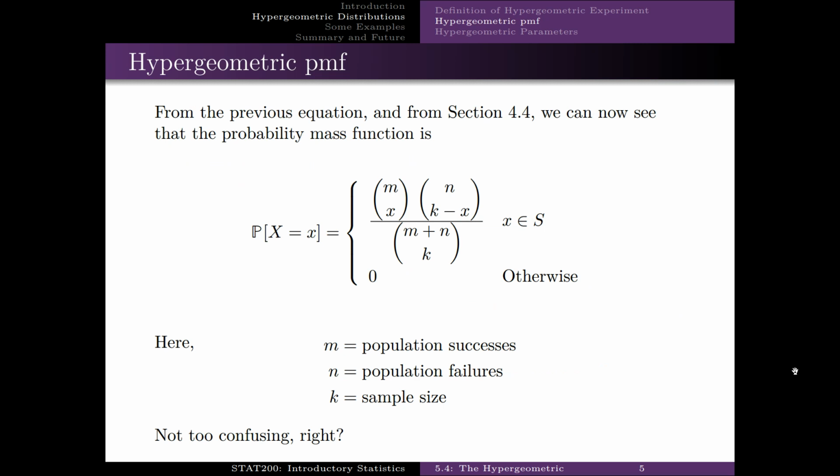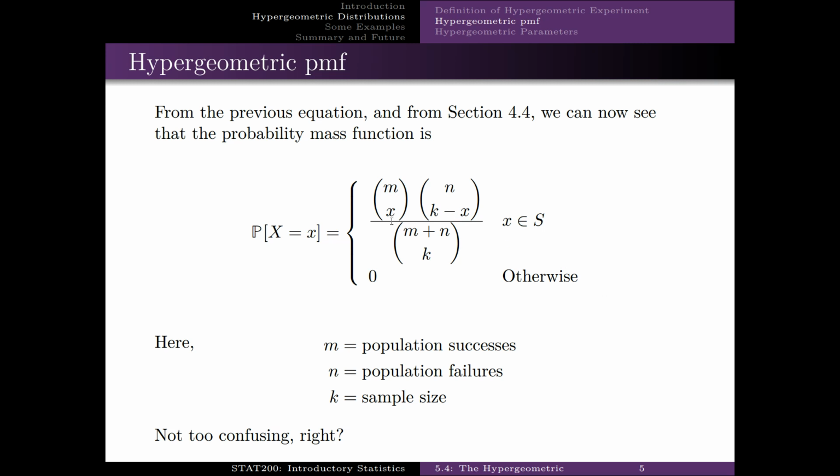So here's the probability mass function. It's m choose x times n choose k minus x divided by m plus n choose k. X is the number of successes you care about. M is the number of successes in the population. In this case, little n is the number of failures in the population.